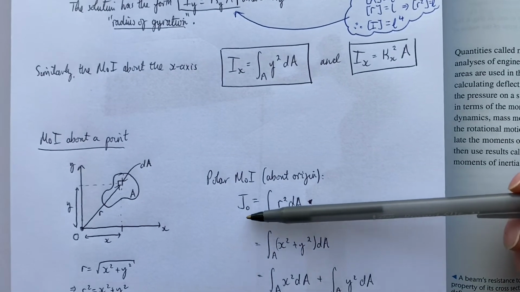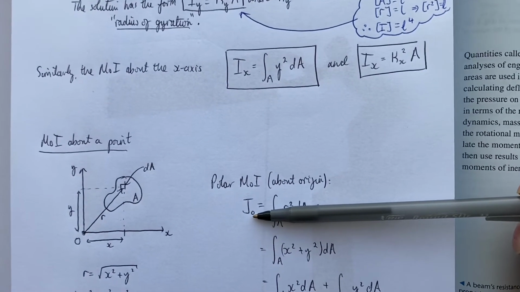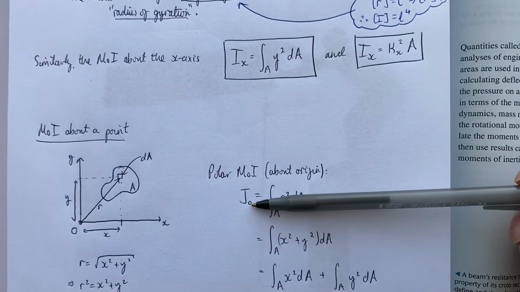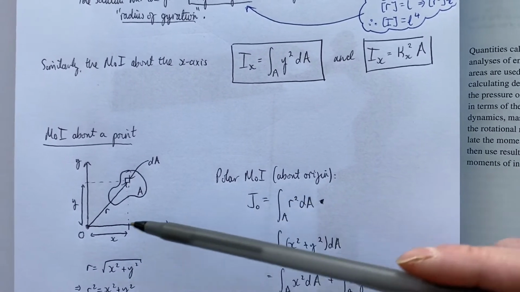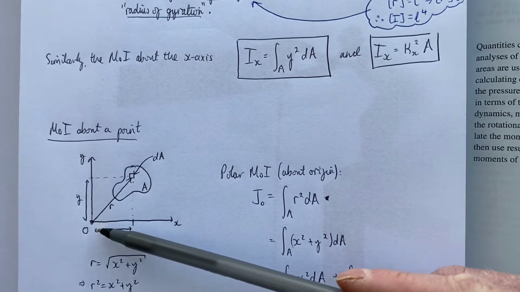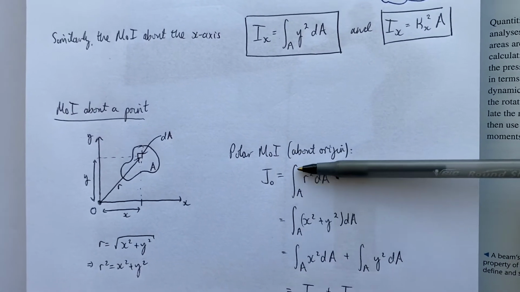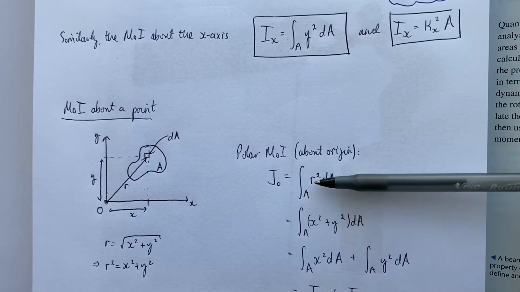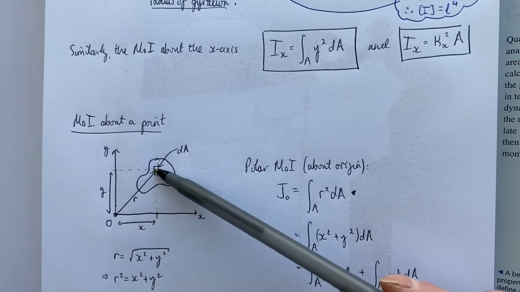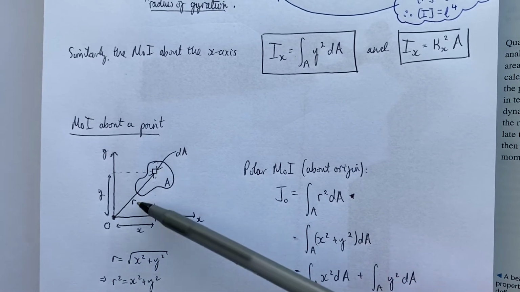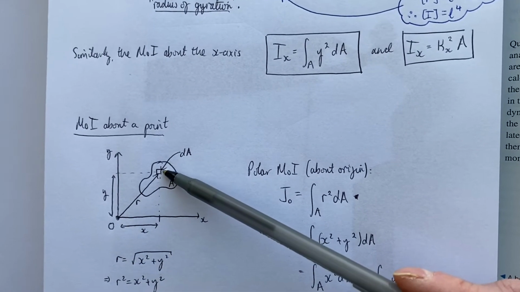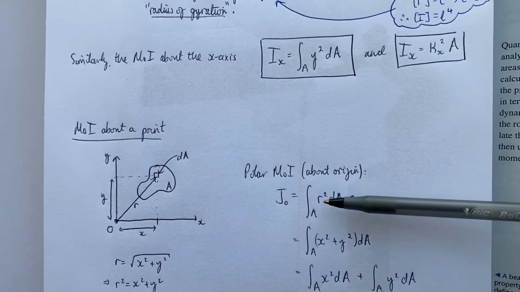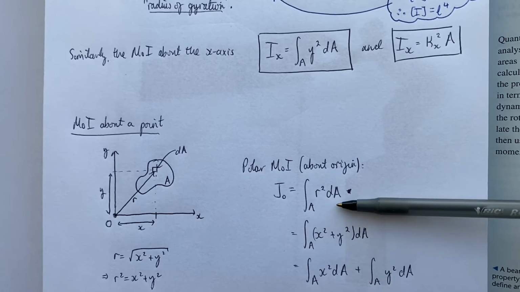And we give it a subscript O or 0 to denote that it's about the origin. So what we do is we take the integral over the whole area of all of these radii from the origin to all of the little pieces dA, and integrate r squared with respect to A.